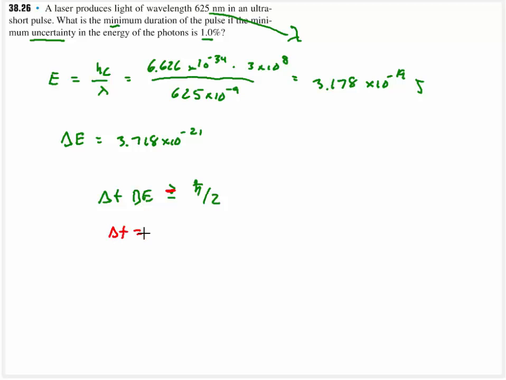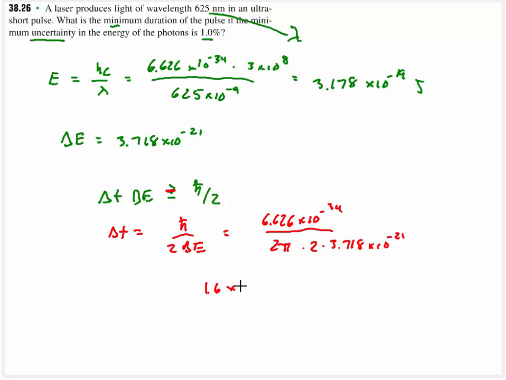And so delta T is going to be h bar over 2 delta E, where this is going to be 6.626 times 10 to the negative 34th, and there's my 2 pi, so there's h bar, multiplied by 2, multiplied by 3.718 times 10 to the minus 21 joules, and you type all that in, and you're going to get a really small number, 1.67 times 10 to the negative 16 seconds, which is actually going to be 0.167 femtoseconds.